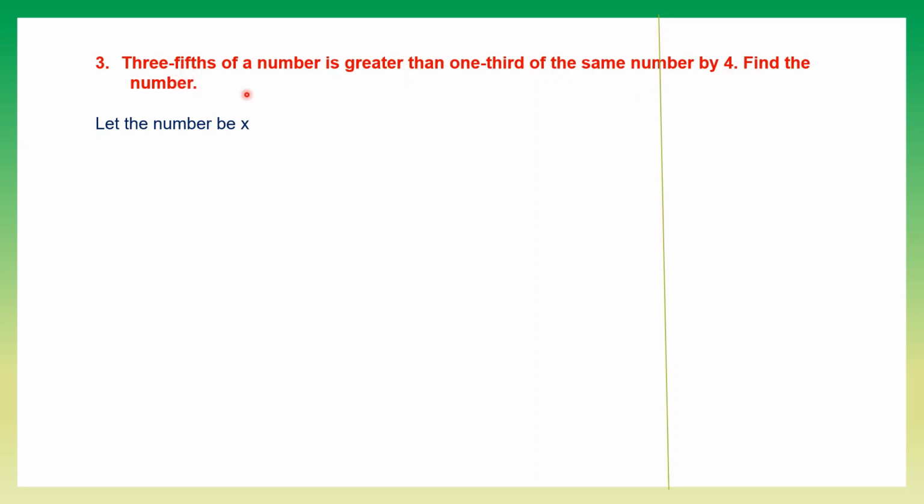Okay, so 3/5 of this number, that is 3 by 5 of x, is greater than 1/3 of that same number, 1 by 3x, plus 4 will give us 3 by 5x. Now this is one way of putting it. Another way we can say 3 by 5x minus 4 is equal to 1 by 3x. So we'll work out with this equation in this form.